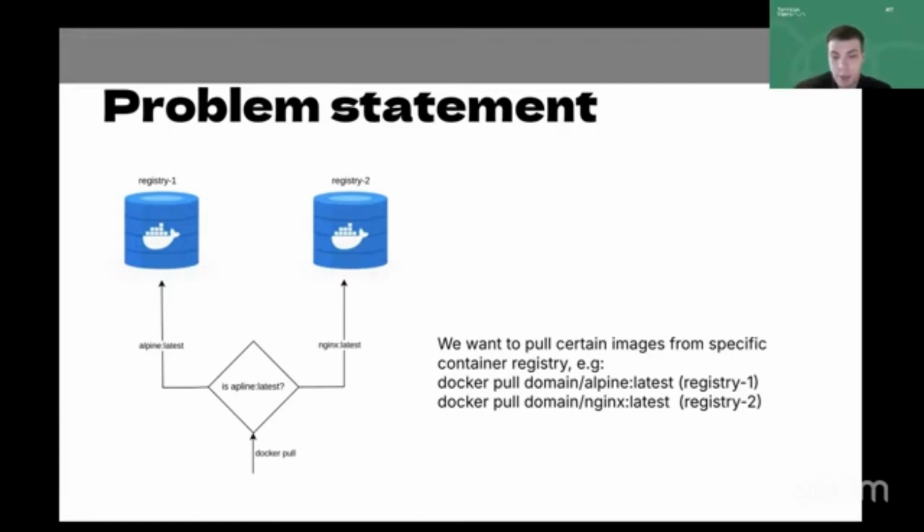And say we want to pull Alpine latest tag from registry 1, and we want to pull Nginx latest from registry 2. Such a problem can occur in a case, for example, when you're considering a migration from one container registry backend to the other. I personally have encountered a similar problem a few times during my career.